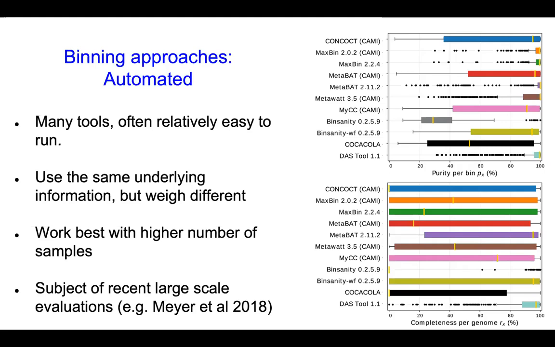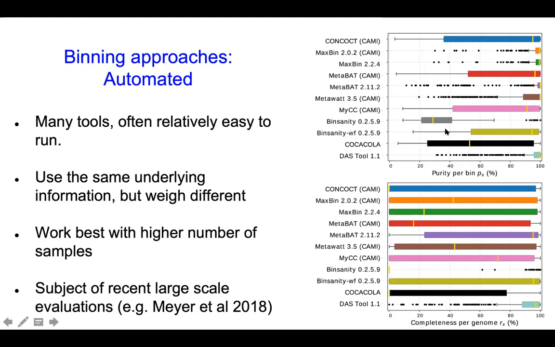There have been a couple of large-scale evaluations of these tools in the context of the Critical Assessment of Metagenome Interpretation, the CAMI challenge, and one of these assessments is shown on the right. What we see is that there's a large heterogeneity in the quality of the bins that are produced.